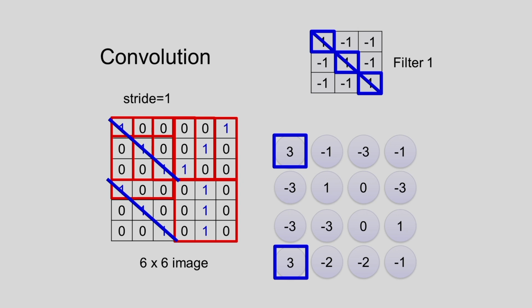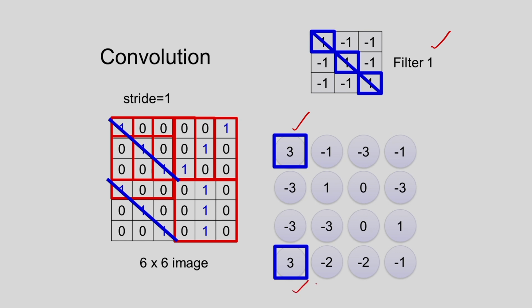You can see that filter 1 can determine diagonal lines. That means the feature which can be extracted by filter 1 is the diagonal lines. That is why you can see the response is 3 corresponding to the diagonal lines.